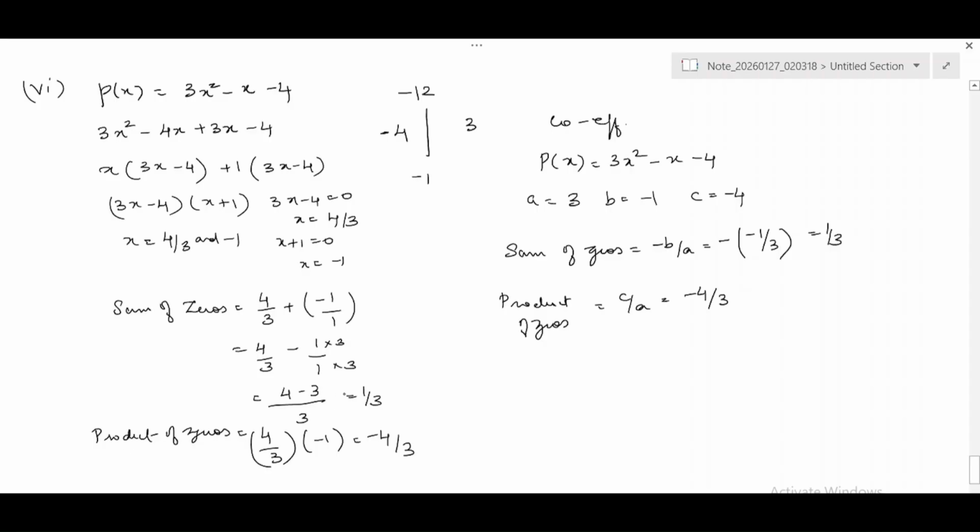So now this 1 by 3, and minus 4 by 3 are matching. So this is 1 and 2.